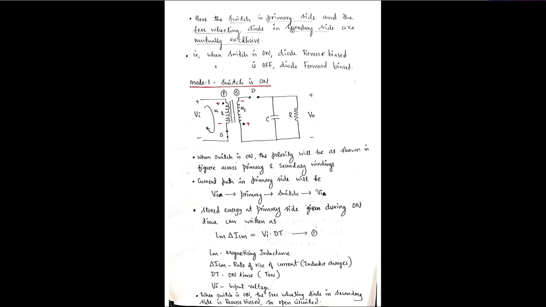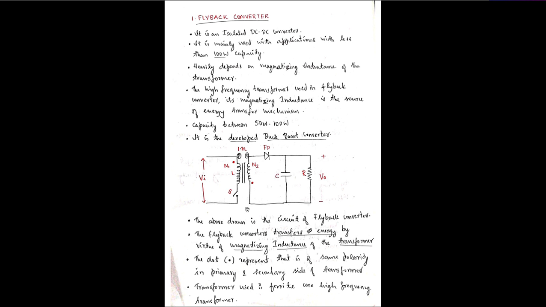Here the switch in the primary side and the freewheeling diode in the secondary side are mutually exclusive. Whenever the switch is on here, this freewheeling diode will be reverse biased and will not conduct.